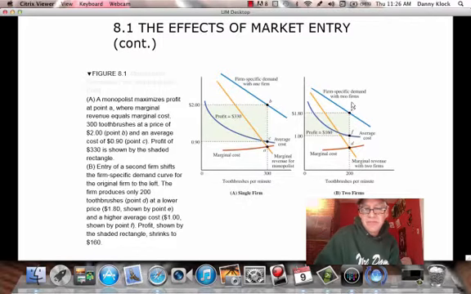But if another firm comes into this industry, it shifts demand to the left, because people have other choices and not everyone will be buying from the one firm. So the price will come down and profits come down for these firms.